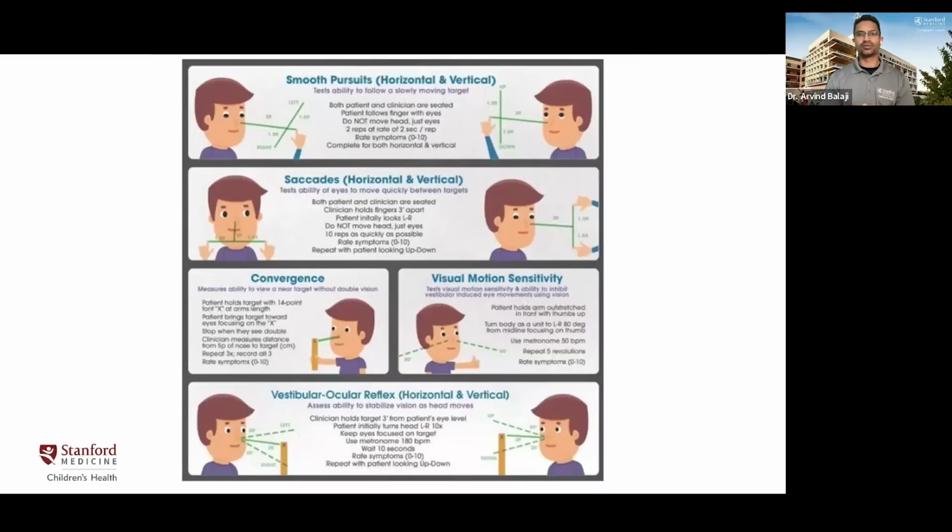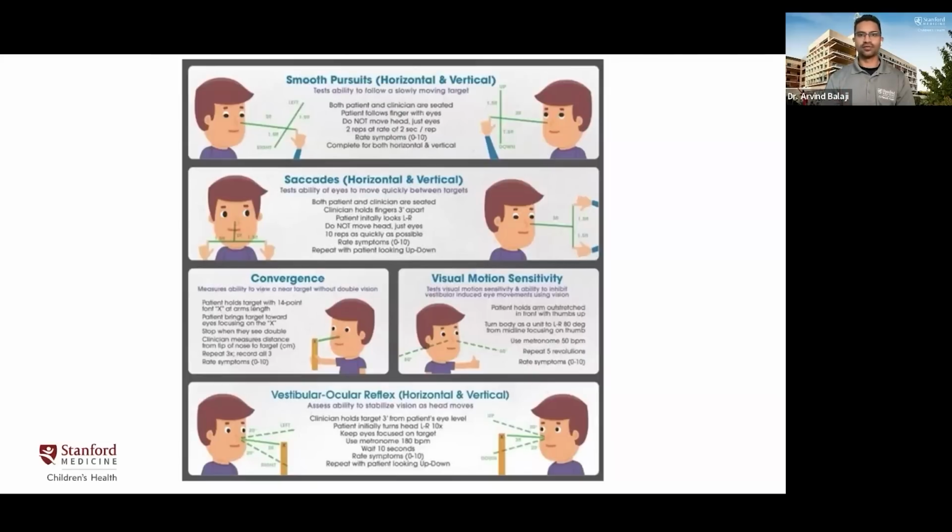The generalized normalized distance from the face at which this is accepted as a normal value is approximately 6 centimeters. So if they're not able to keep the object looking like one object up to 6 centimeters, for example, let's say that at 10 centimeters from their face, it now starts to look like 2, that would be an abnormal finding and likely indicative that the patient potentially has acquired a head injury.